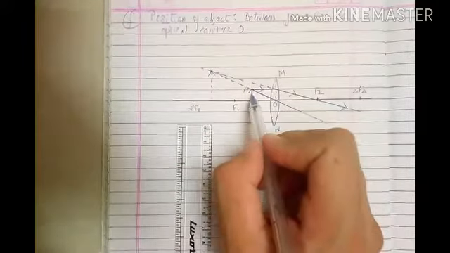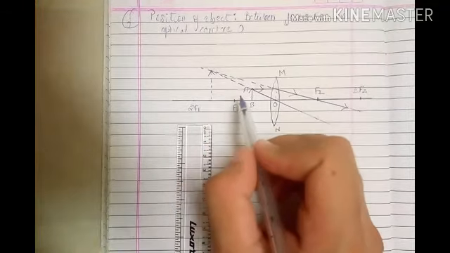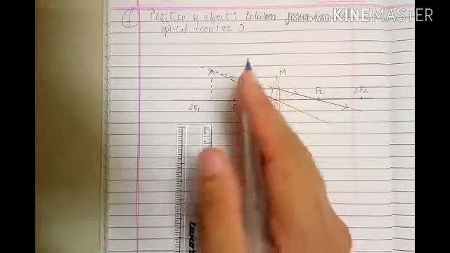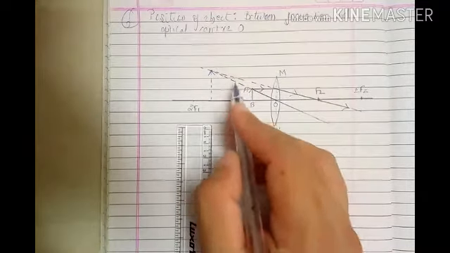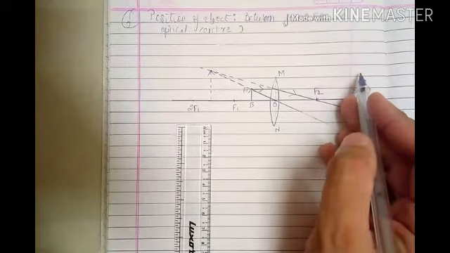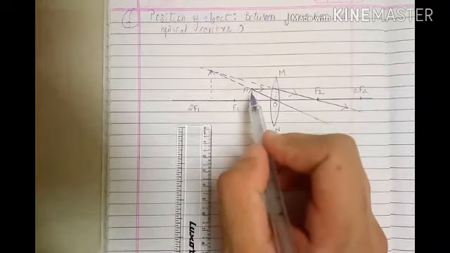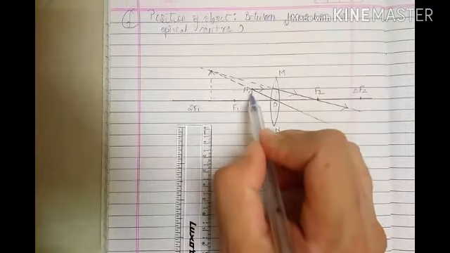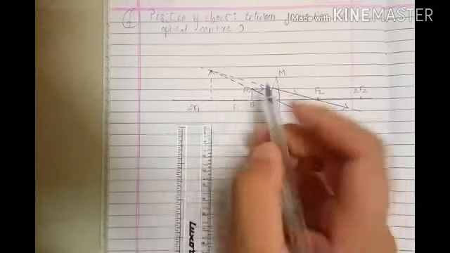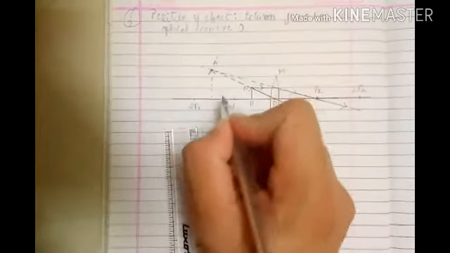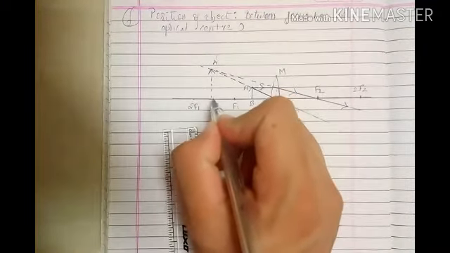That means object and image are both on the same side of the lens. In all the earlier ray diagrams, the object was on this side and the image was on the other side of the lens. But in this ray diagram, the image is also on the same side as that of the object. So let's name this, don't forget this arrow, A dash and B dash.